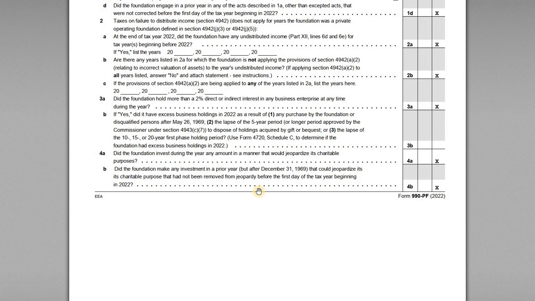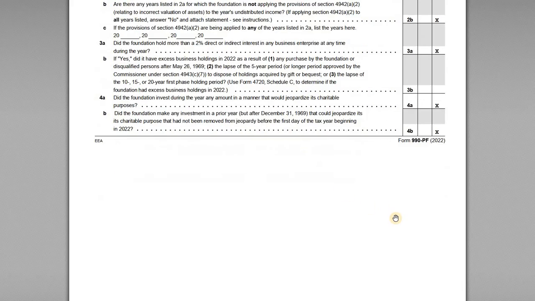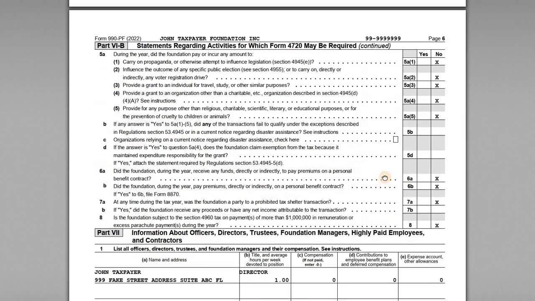By making incredibly risky investments, you're not doing the foundation the fair service that needs to be able to fund these initiatives. So when they ask, did you make something that jeopardized charitable purposes, that's really what they're after: have you made really risky or stupid investments that could effectively bankrupt the foundation.